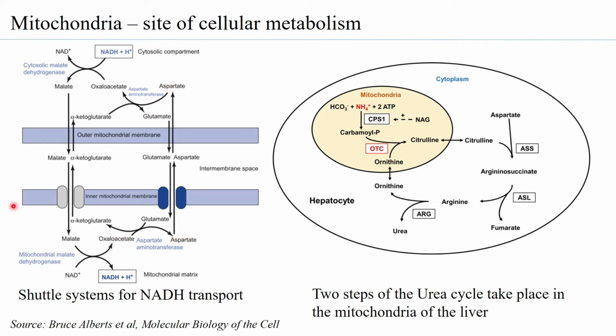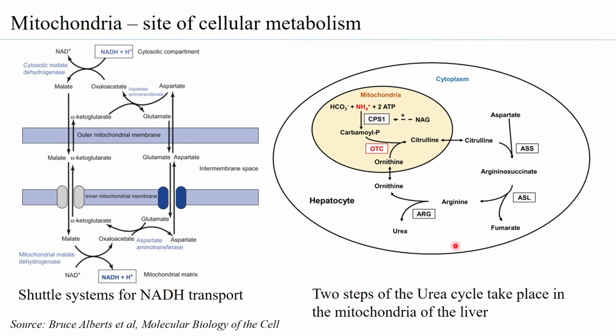So this shuttle is what is called the malate aspartate shuttle. The main thing is the buffering of the NADH, making it available to the mitochondria for oxidative phosphorylation, but in different forms. The glycerol 3-phosphate shuttle is also another way by which molecules that cannot directly enter through the inner membrane are made available within the matrix.